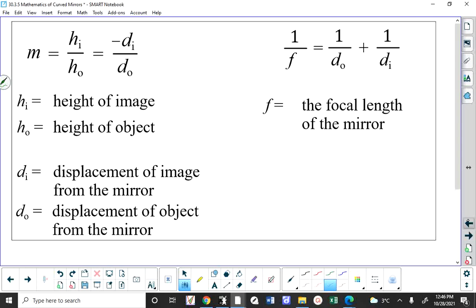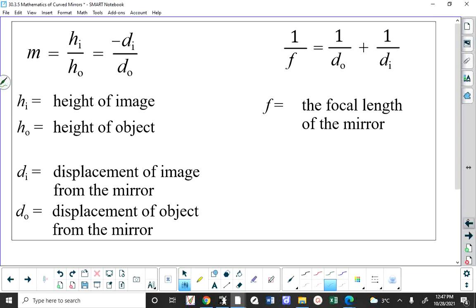But that's also equal to negative DI over DO, which means DI is, if we look here, the displacement of the image from the mirror. It's how far the image is from the mirror. So H is measuring something vertically. D is measuring something horizontally in our diagrams, where it's located horizontally. So magnification equals HI over HO, which is equal to negative DI over DO.